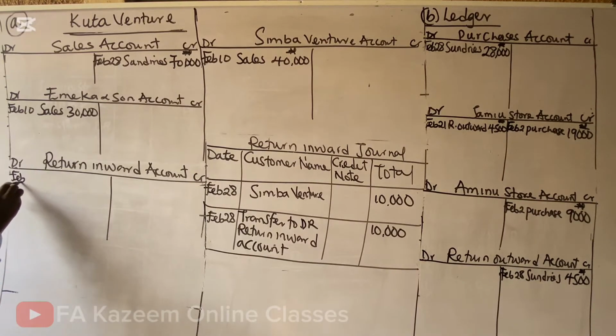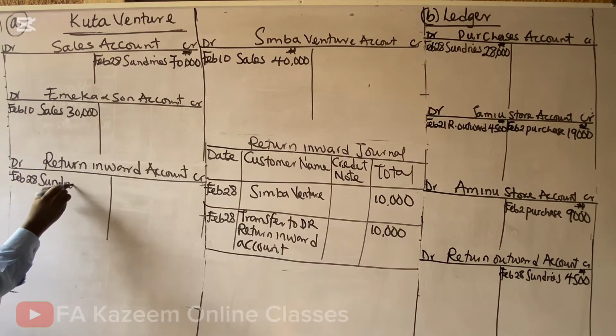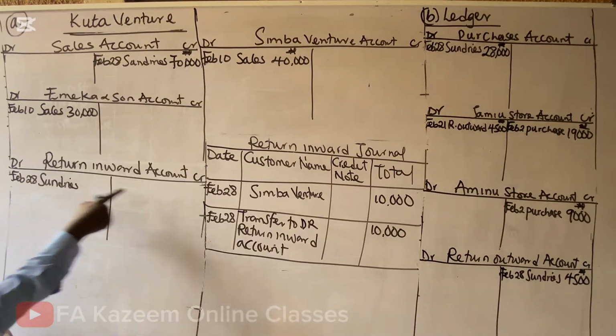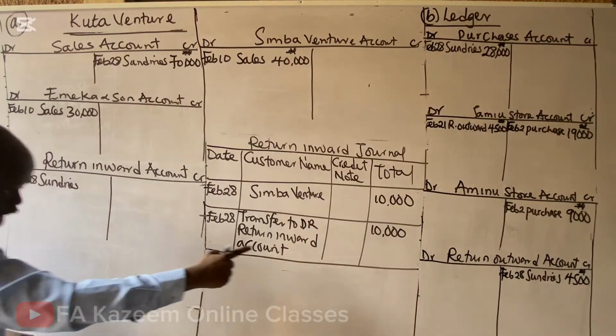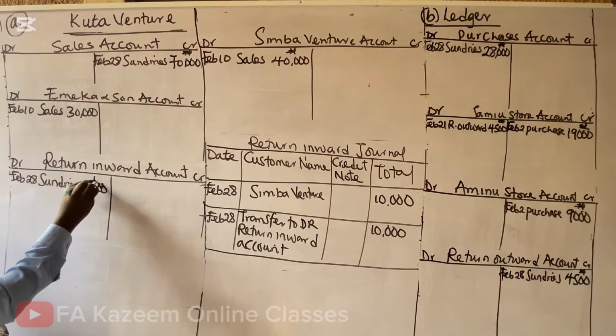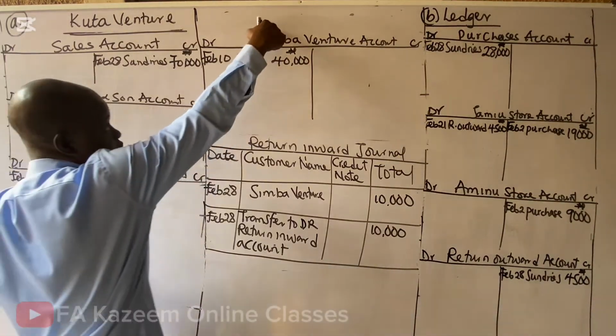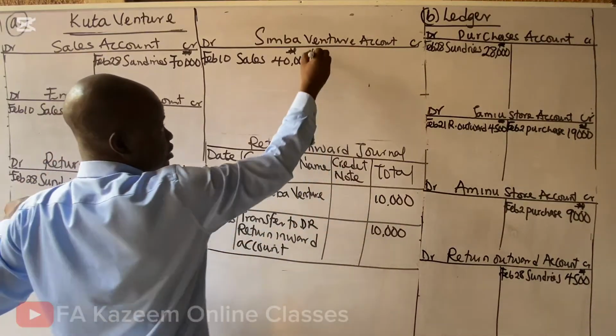On February 28th, you refer to it as sundries. What does this sundries represent? It represents Simba. And how much in total? The total of goods returned back is 10,000. For every debit entry, there must be a corresponding entry to Simba.